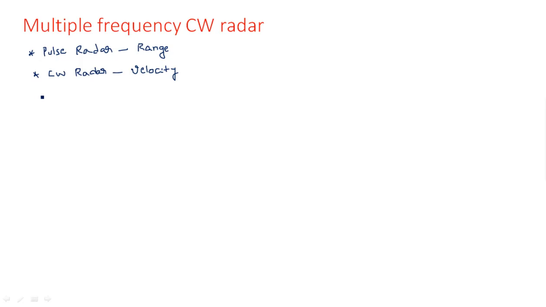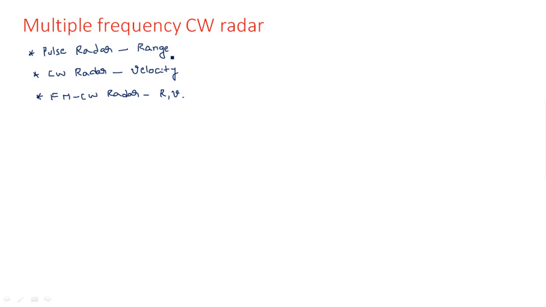CW radar cannot calculate range. And FM CW radar is used to find both range as well as velocity. Okay, this is what we have seen so far in the previous videos.